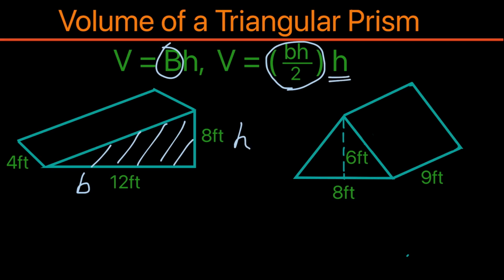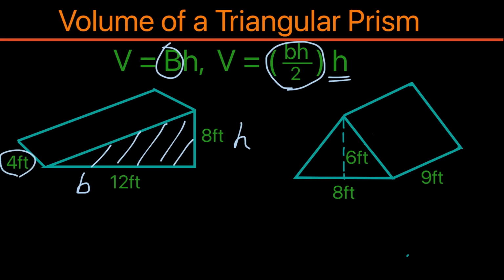Now, what about the height here? That height would be 4 here. That height is the overall height of the prism, not pertaining to the triangle, but the overall triangular prism. So that one would be 4.